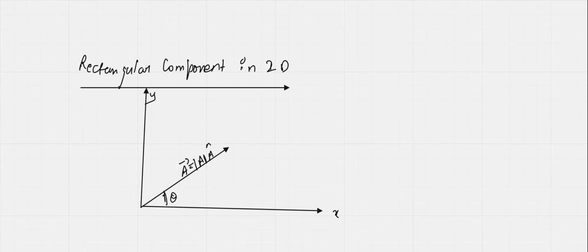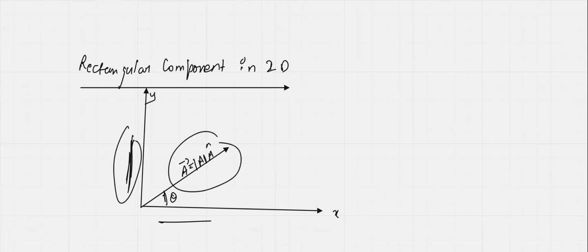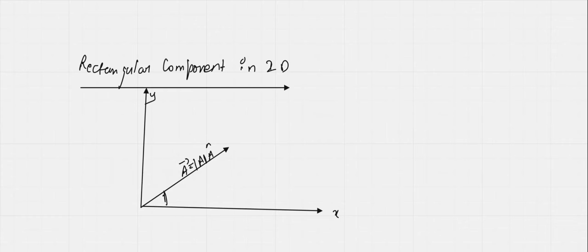When I say the rectangular component, you have to resolve it in between this and this, such that I can ignore this part and I can individually solve this and this. When I say rectangular component, resolving should be done such that one side is at 90 degrees to the other side. Okay? This is what the resolution is all about. So what is the projection you are seeing for this vector on this axis and on this one?